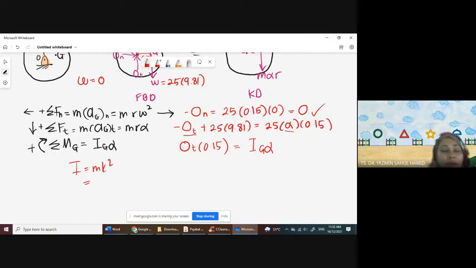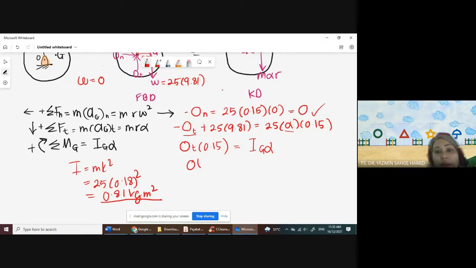Okay. So you punya M adalah 25. You punya K untuk soalan ni adalah 0.8 squared. So if you calculate you punya I, what do you get? I want everyone to tekan calculator, and the unit is what? Kilogram meter square, bukan meter cube.